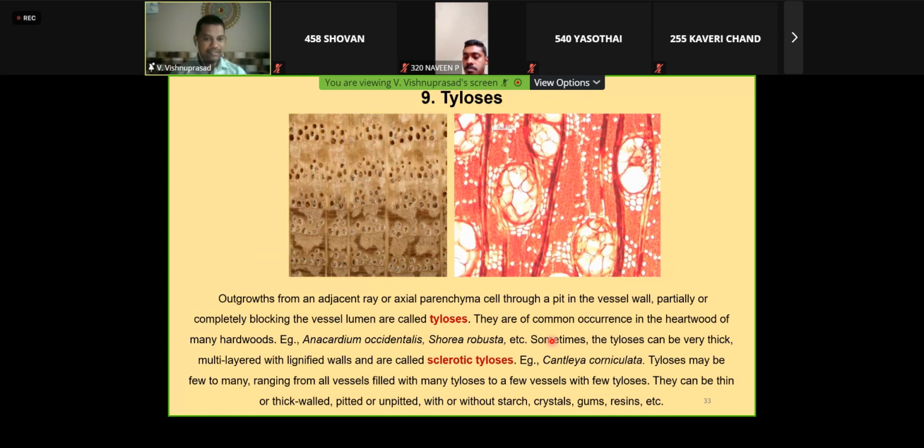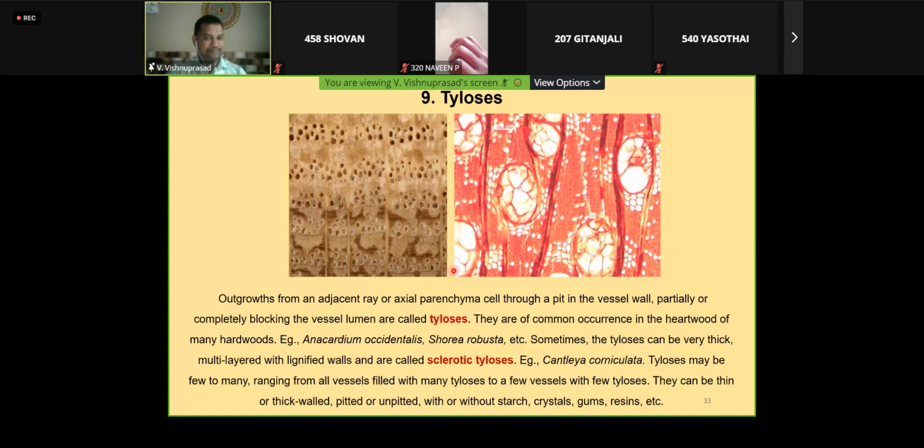So those vessels, the pores, have to be filled up. Either there are organic deposits plugging the vessel lumens, or it can be because of the invagination of the walls of axial parenchyma or the vessel walls into the lumen. So it gives rise to structures like this. This phenomenon or these structures are called tylosis.